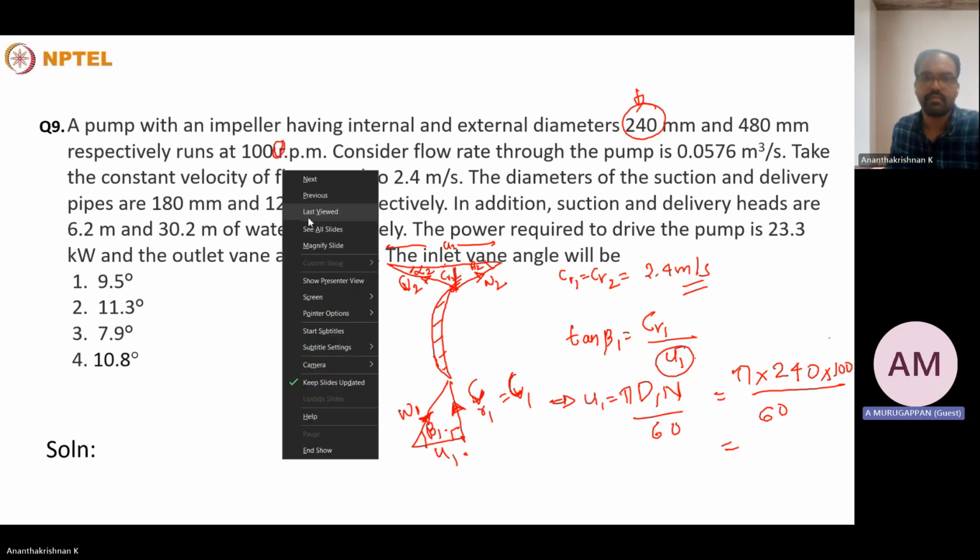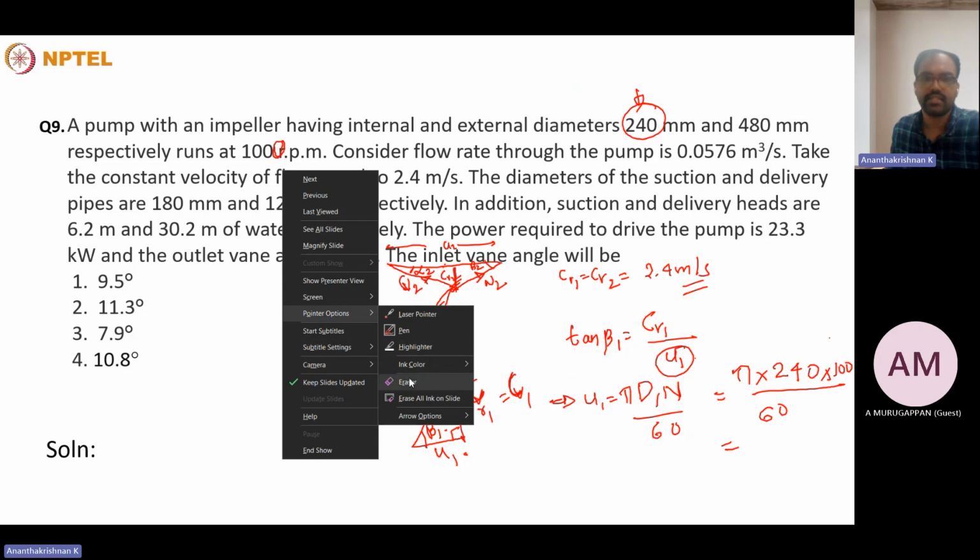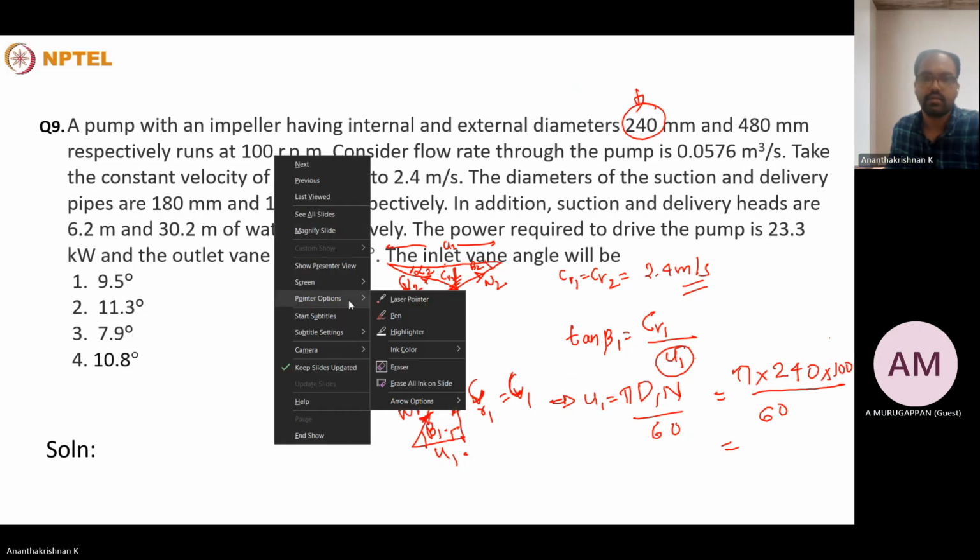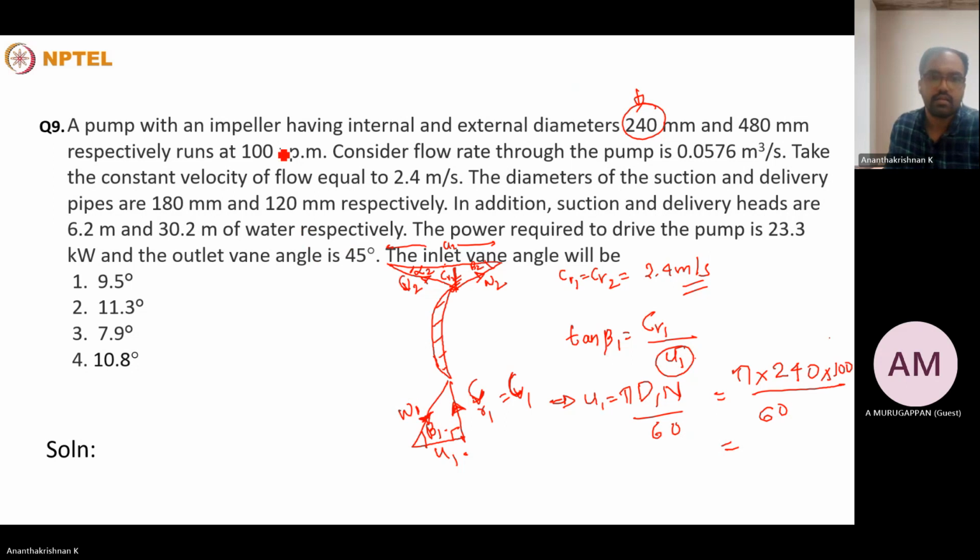It's 1000 RPM. This is 1000 RPM. Just a mistake.